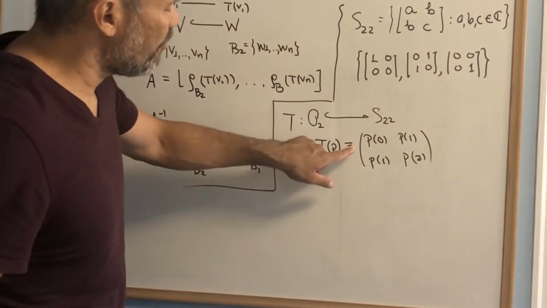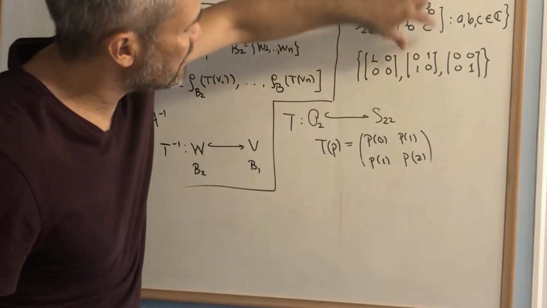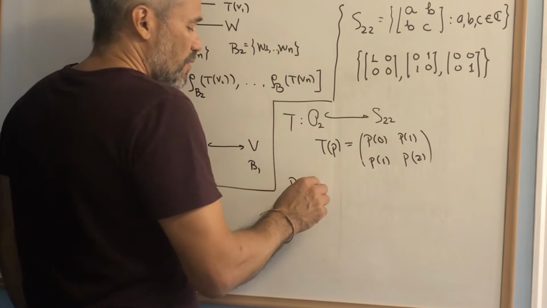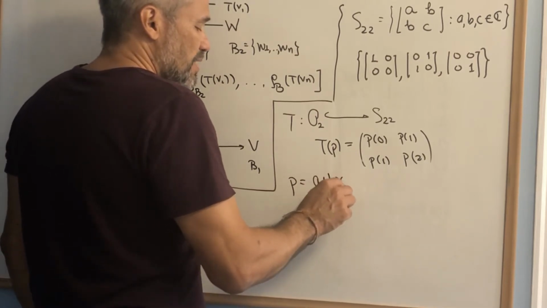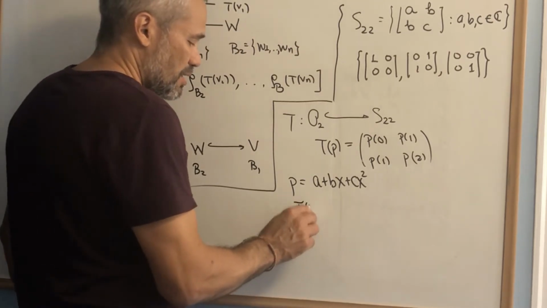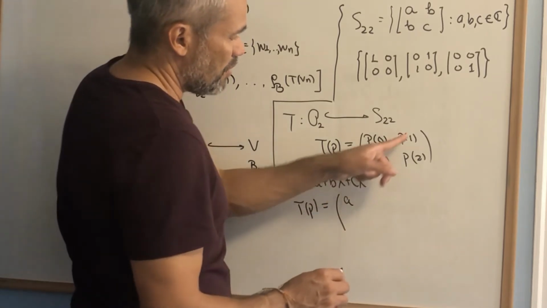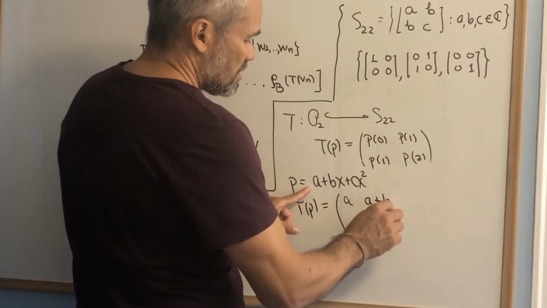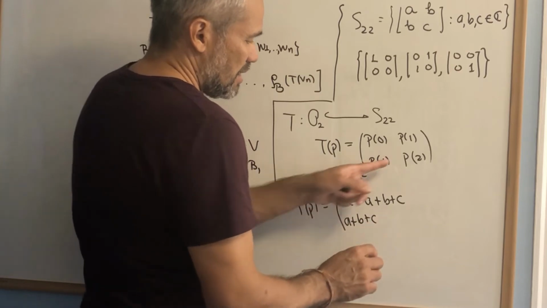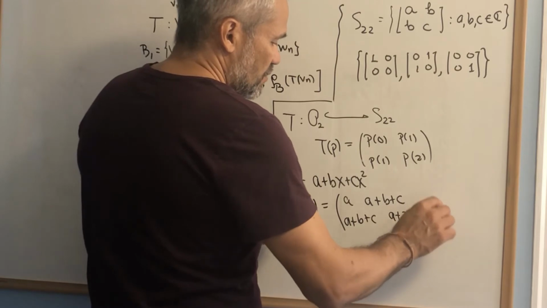Notice that this transformation goes to the space of symmetric matrices because these two entries are the same, as required. Let me just say that if P is equal to a plus bx plus cx squared, then T of P would have P of 0, which is just a. P of 1 would be a plus b plus c. P of 1 is a plus b plus c. And P of 2 is a plus 2b plus 4c.